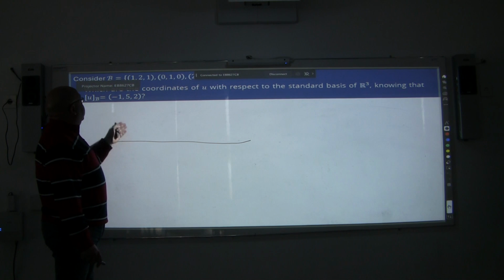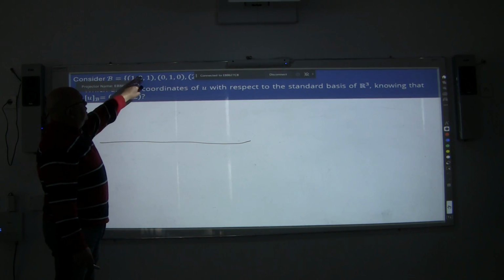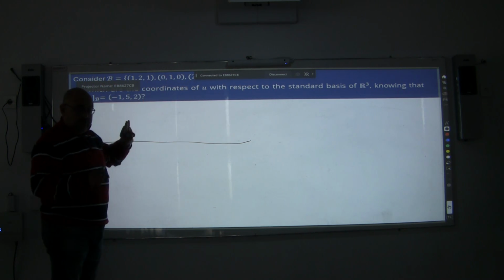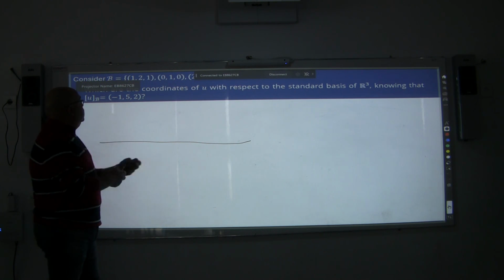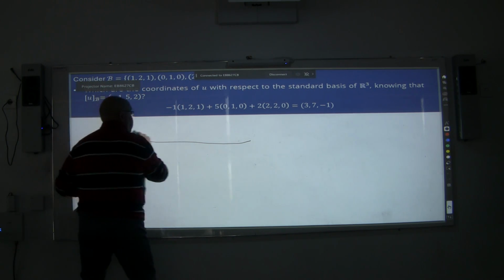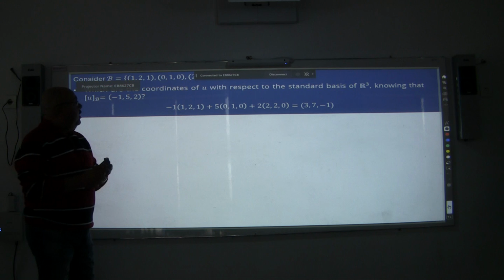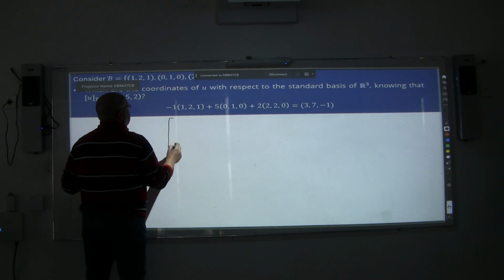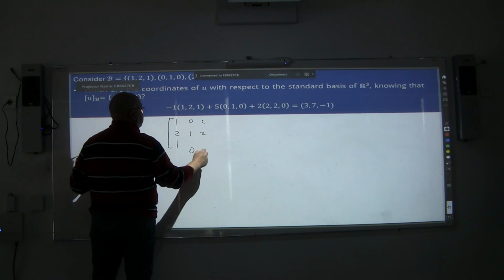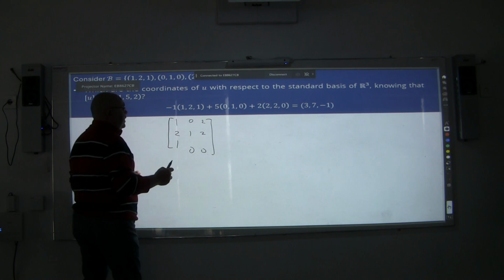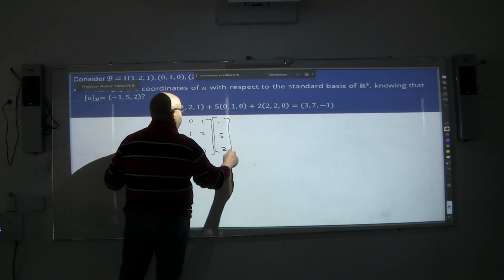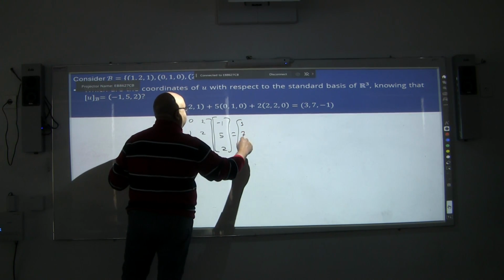So once more, those are the coordinates, and this is the basis, both given. All I have to do in order to evaluate the vector is get it directly by multiplying the matrix with columns (1, 2, 1), (0, 1, 0), (2, 2, 0), which is the change of basis matrix, times the coordinates, which are (-1, 5, 2), and the result simply will be (3, 7, -1).